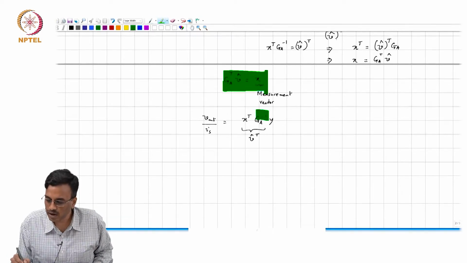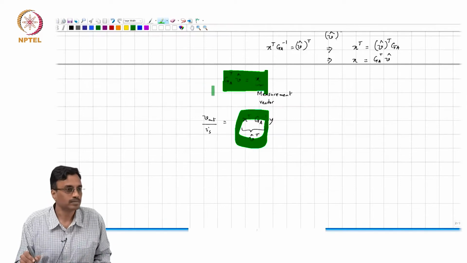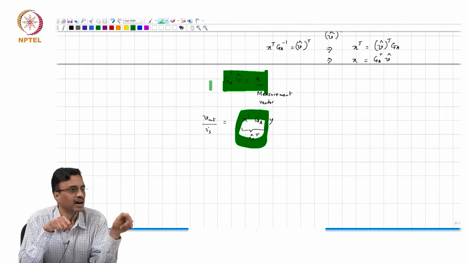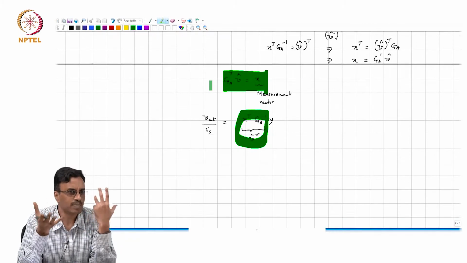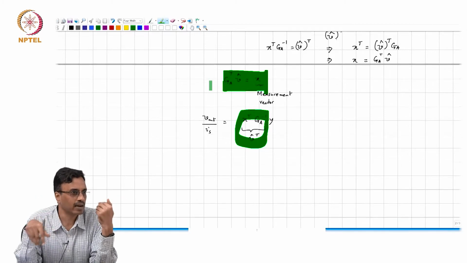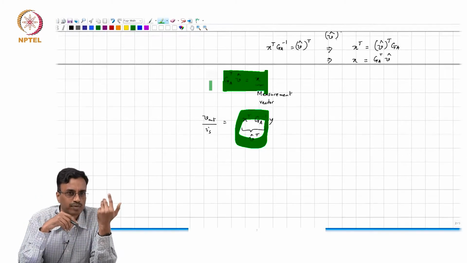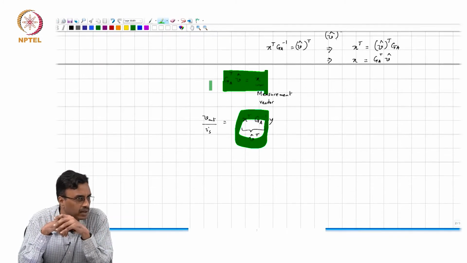How do we obtain V hat? We just solve not the same network, but a related network. What is the relationship between that network and the original network? The MNA matrix of the modified network is simply the transpose of that of the original network.